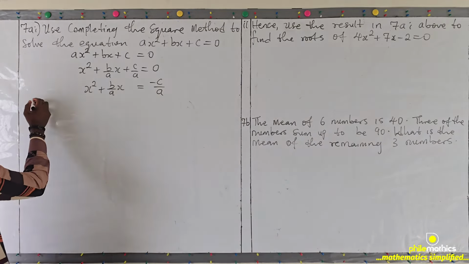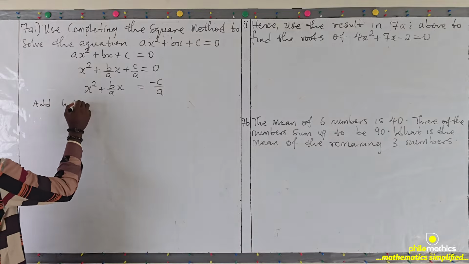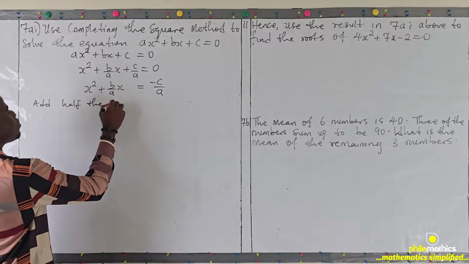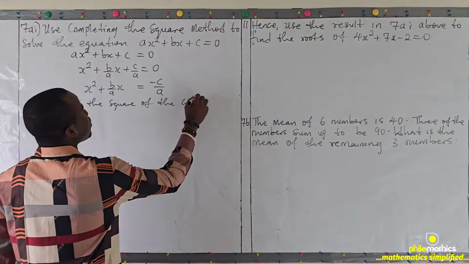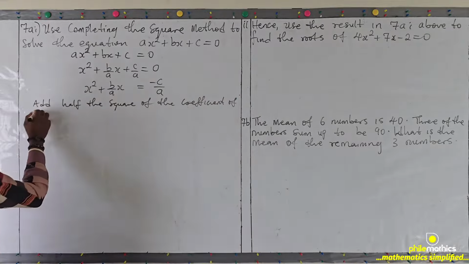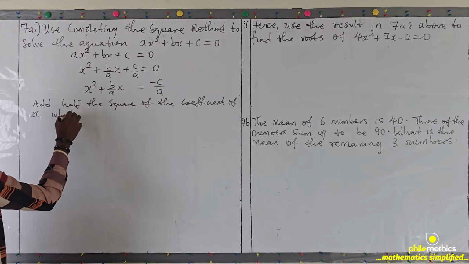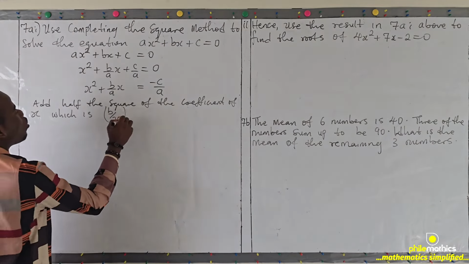So let me just write it. Add the square of half the coefficient of x, which is b over 2a all square.